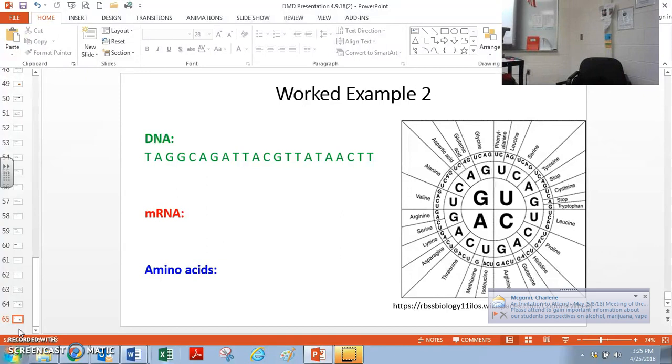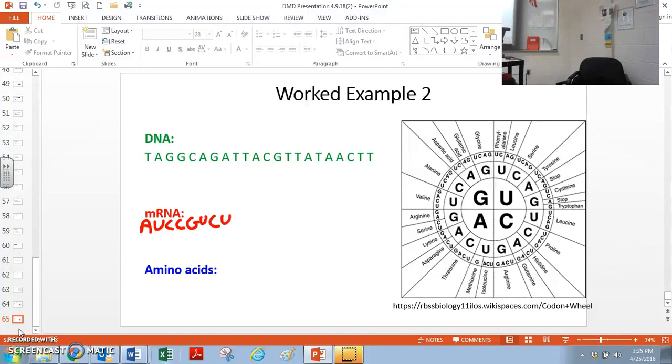What we're going to have down here is that T is going to turn into an A. Over here, the A is going to be a U. We got C, C, G, U, C, U, A, U, G, C, A, U, A, U, U, G, A. So that is our transcribed mRNA.